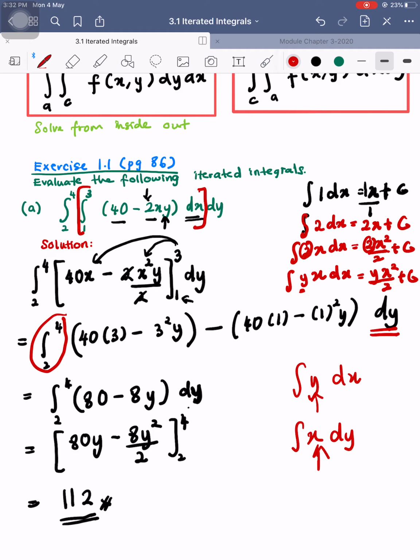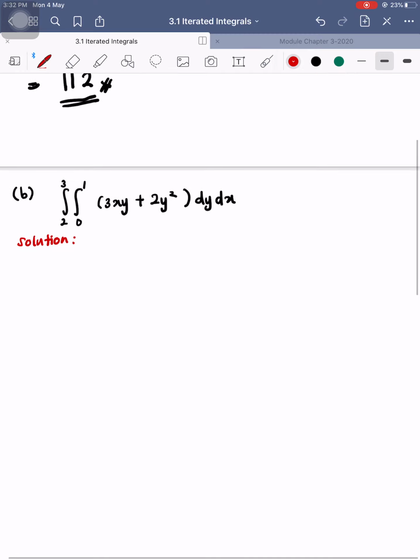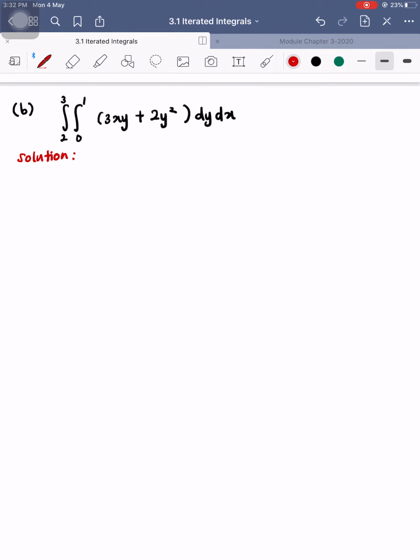We try one more time for example B. Okay, double integral. First, you solve the inside first. The outside you just copy. Integrate from 2 to 3, dx. So inside, how to integrate with respect to y?